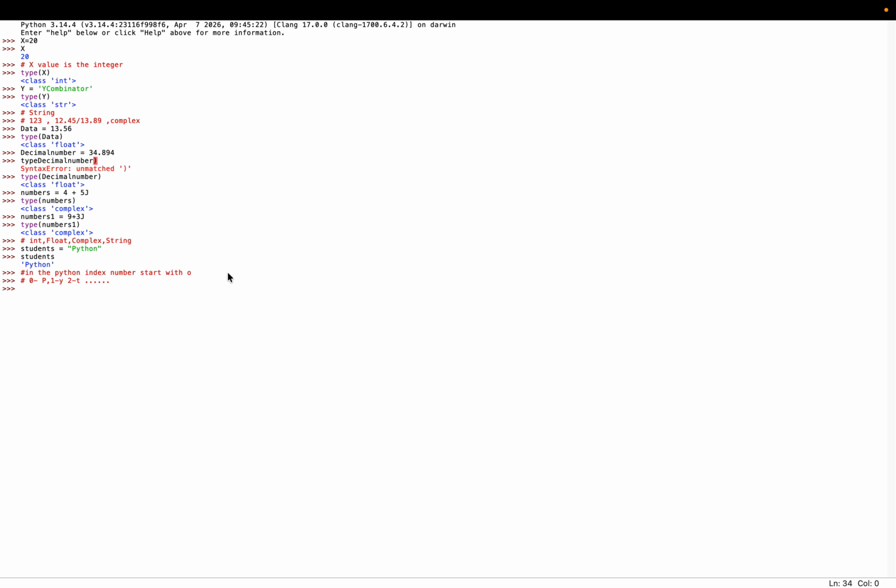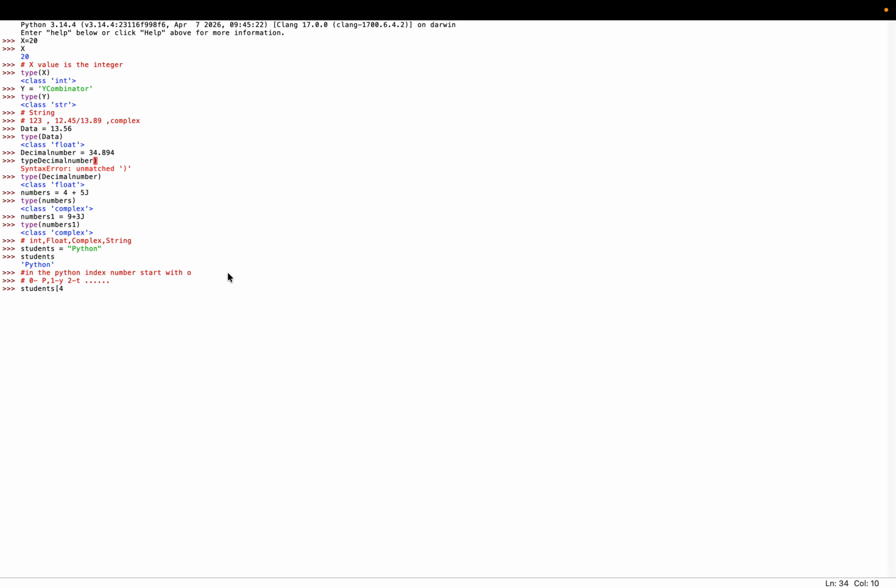This is clear now? Yes. Okay, I'll give an example. Example, students: suppose I need only O, then what is the number we have to enter? Minus 2. Minus 2 also works, or 4 also works.